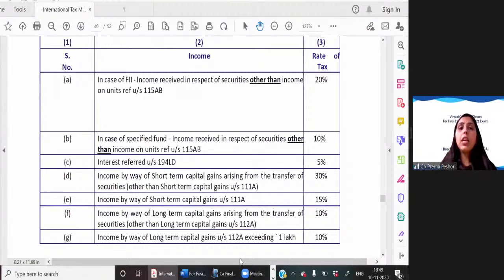Just tell me one thing, on redemption of GDR, ADR, when I say 112, if redemption of ADR, GDR long term is taxed under 112, what will be the tax rate according to you, whether it will be 20% or 10%? When the GDR is redeemed and shares are received, whether 20% or 10% tax rate would apply? What do you think?